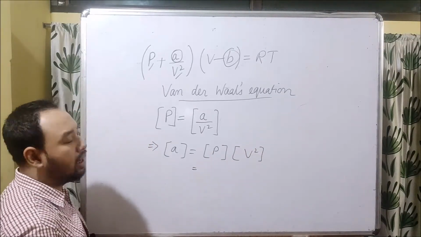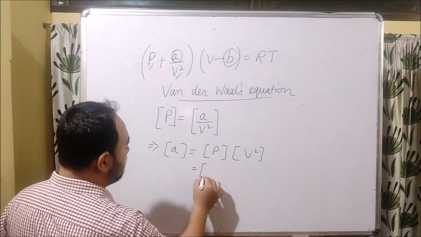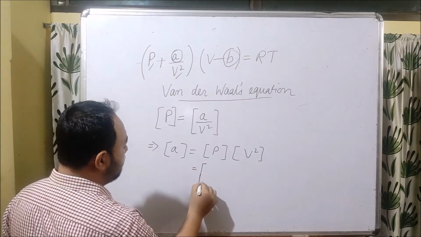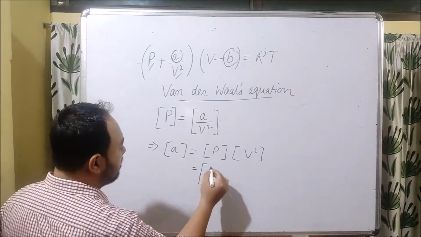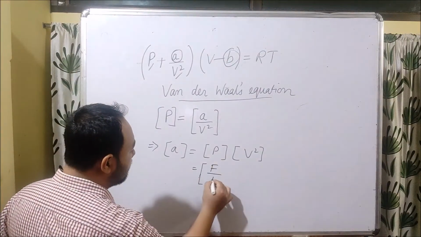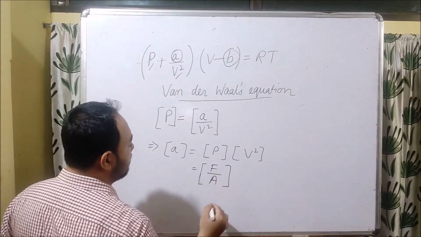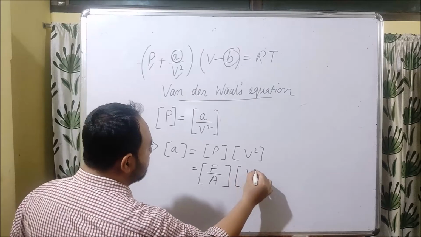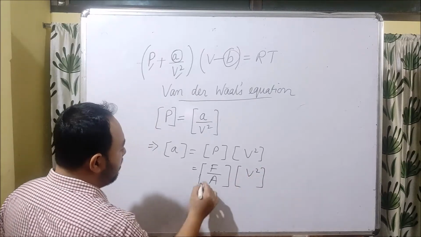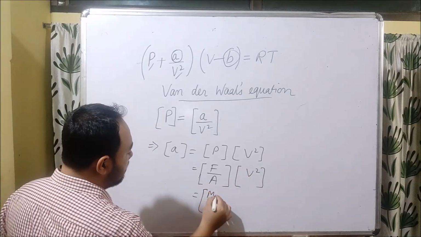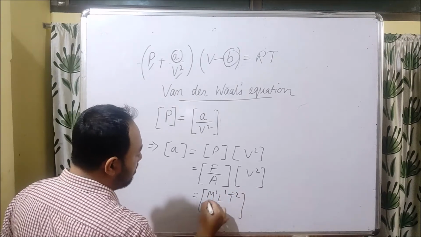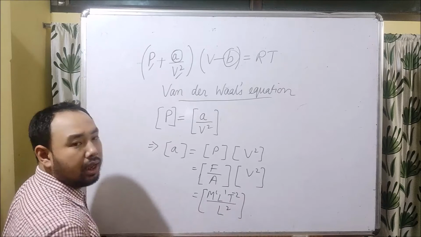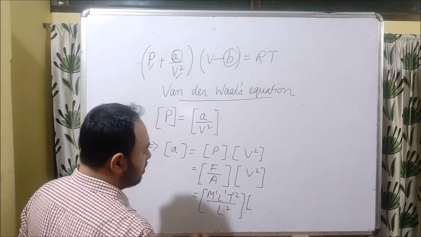So now put the dimensions for pressure, or if you did not memorize it, then you can write that pressure is what? Force by area. Force is m1 L1 t minus 2. For area it is L square, and for volume it is what?